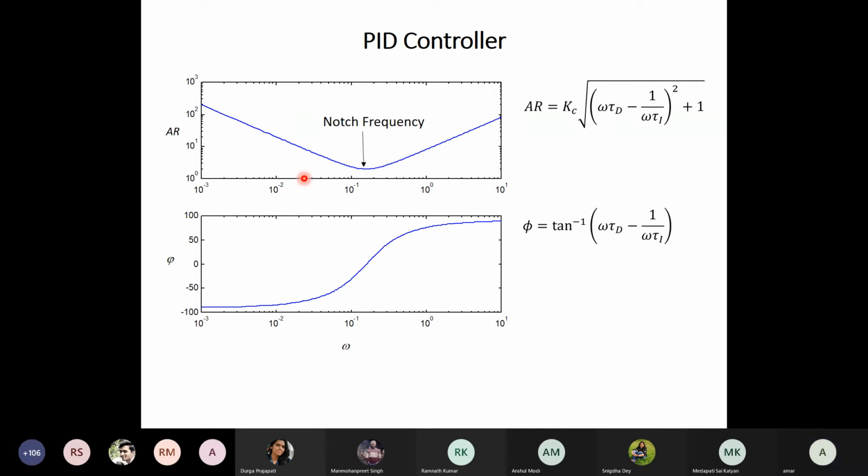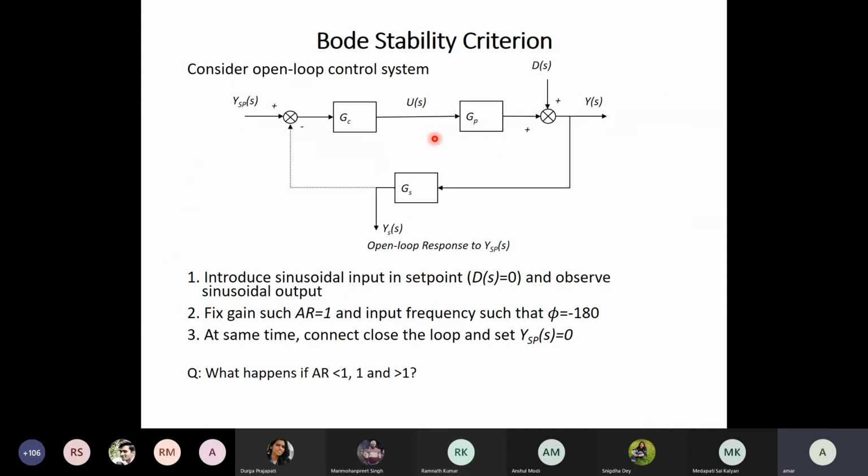And here also your phase difference starts from -90 and goes to +90. So this is basically the response of the Bode plot for a PID controller.